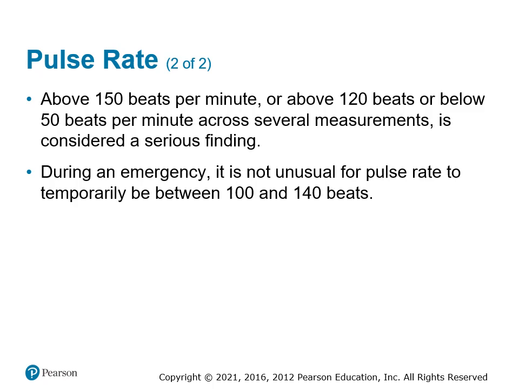Anything below 50 could be a serious finding also. So once again, you have to take in other factors in your consideration of that. You have to realize what is actually going on with the patient.